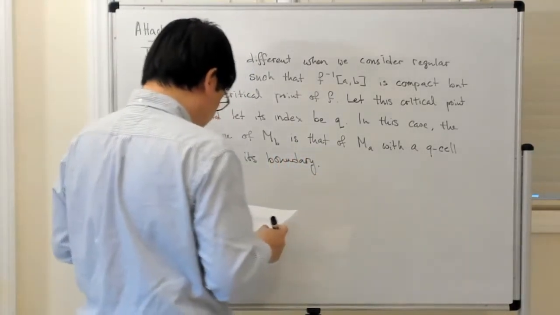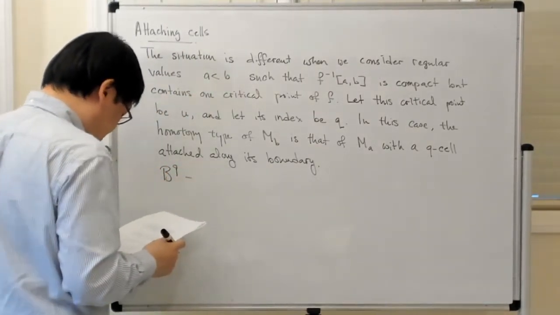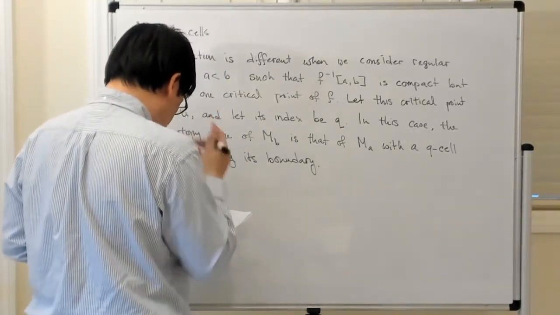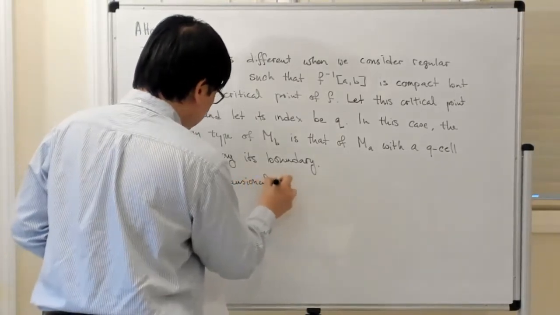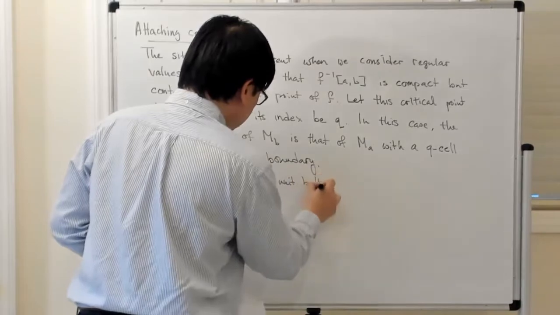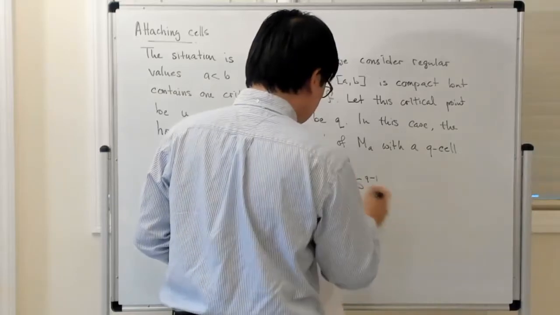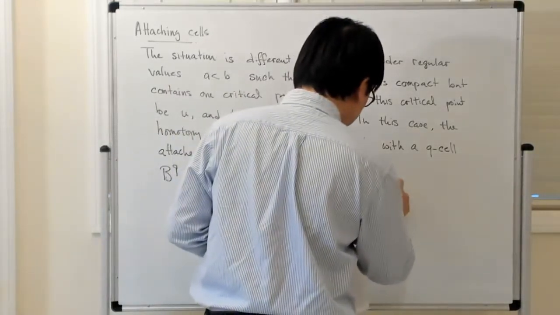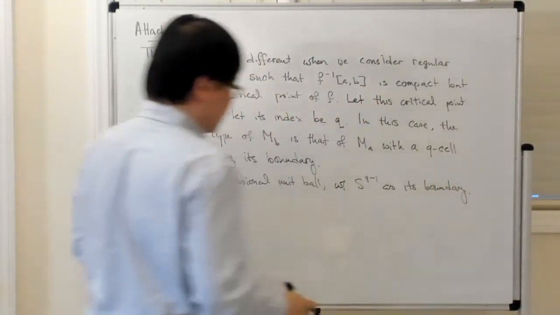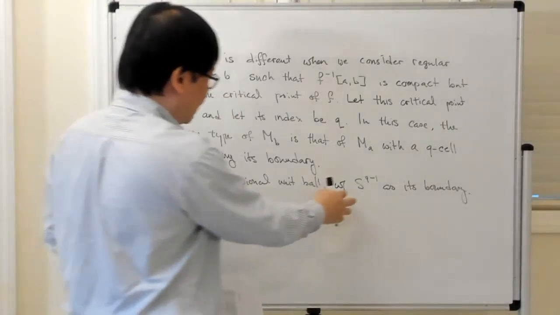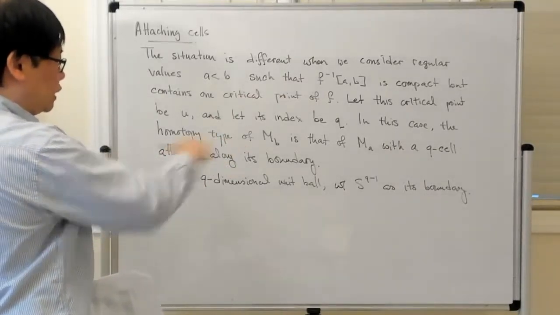Okay, so what this means is that if you have BQ, a Q-dimensional unit ball, with S^(Q-1), the sphere in Q minus 1 dimensions, as its boundary, you define a gluing map which identifies this sphere of dimension Q minus 1 with the boundary of MA.